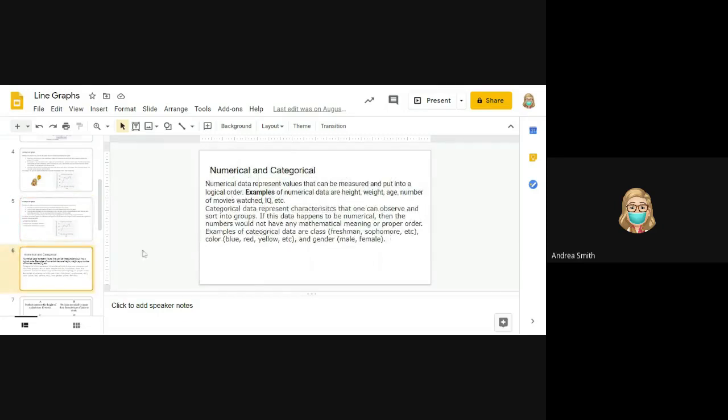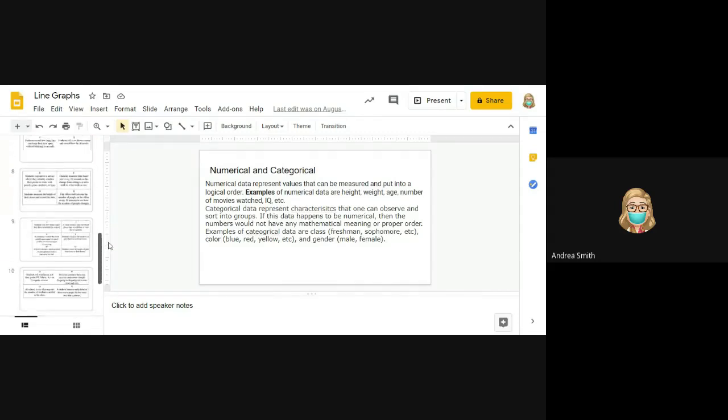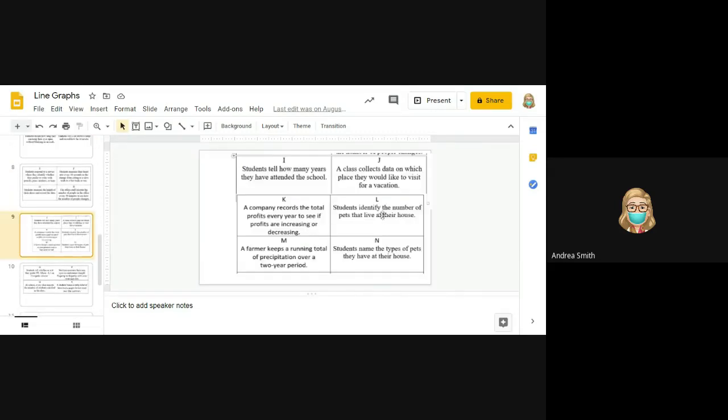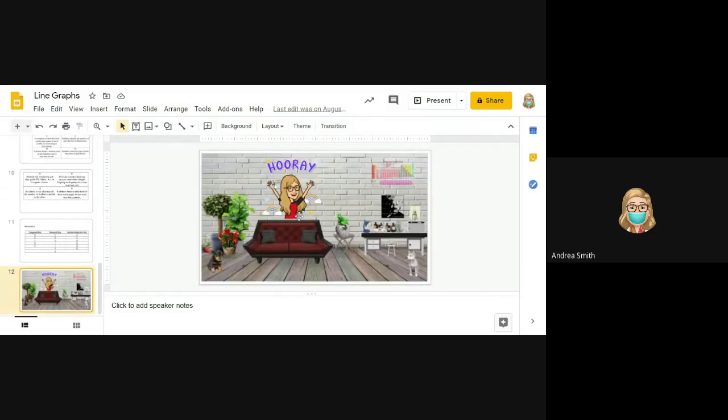And then we talked about numerical and categorical and the difference between those two. We played a little game where we matched them all. That's a pretty good review of everything we've already done. We just added a little bit each day, and now we're going to add just a little bit more.